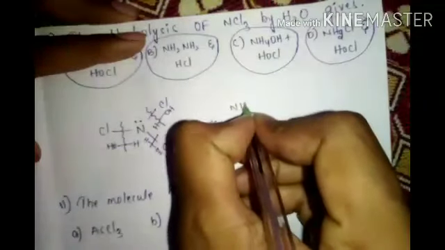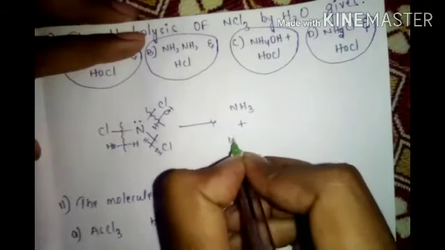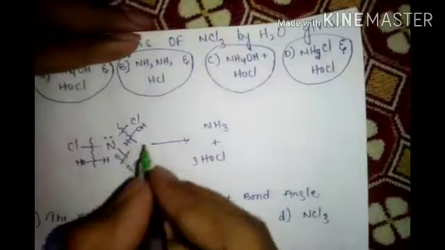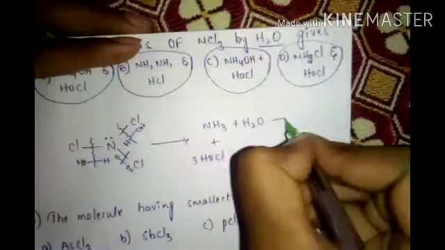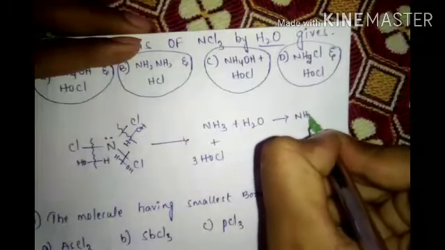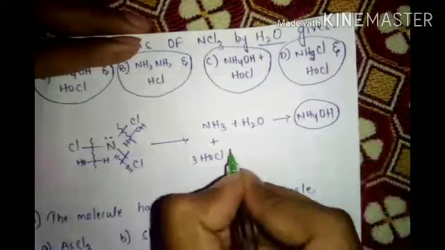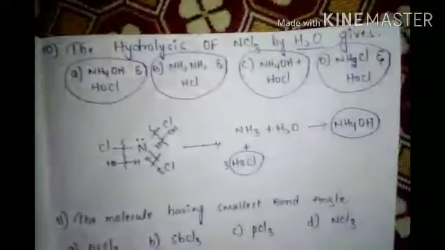Now it gives rise to NH3 plus HOCl. It is 1 mole and 3 moles. And this reaction is in water, right? Plus H2O gives NH4OH, HOCl. Where is it in the options?